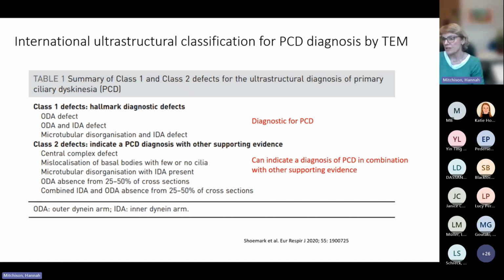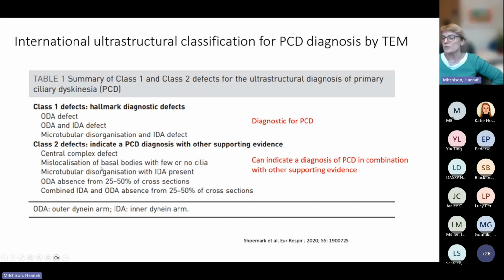So the structural classification for class 1 is ODA defect, ODA and IDA defect, and the microtubular disorganization with IDAs missing. Class 2, these aren't the so-called hallmarks, but they indicate a diagnosis if there's other supporting evidence: central pair complex defect, mislocalization of basal bodies with few or no cilia, the multiciliogenesis type of defect, microtubular disorganization with some IDAs present, and a lesser absence of the outer dynein arms affecting less of the cross sections, and combined IDA-ODA if there's less of the cross sections affected.